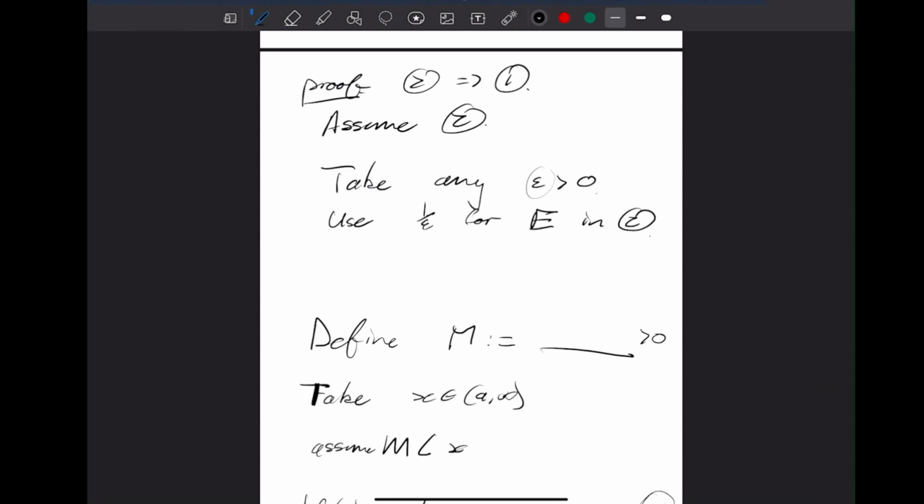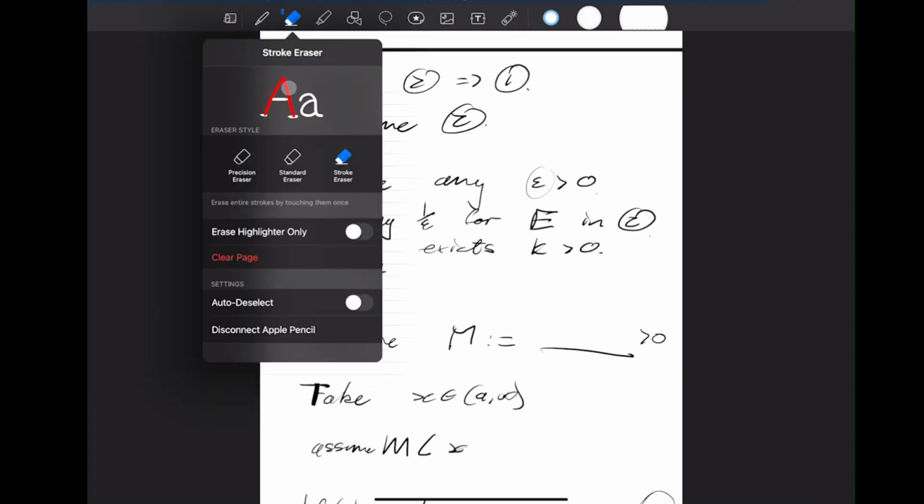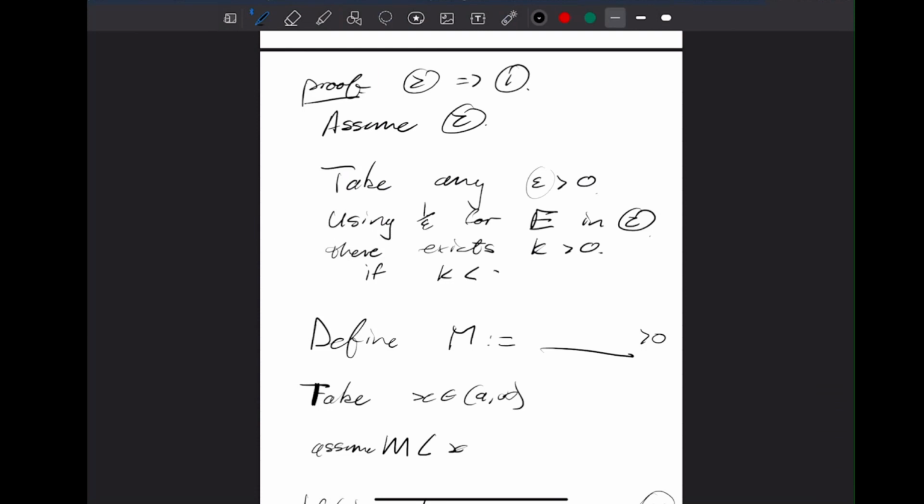So using 1 over epsilon for e in our assumption 2, what we get back is some positive number. I'm going to call it k. There exists a k greater than 0, so that if x is bigger than k, then 1 over f of x is bigger than 1 over epsilon.